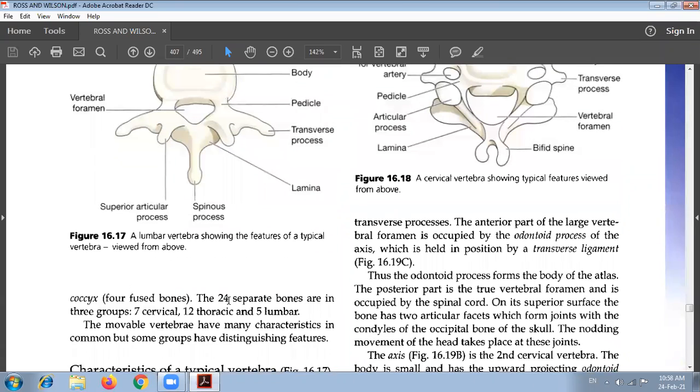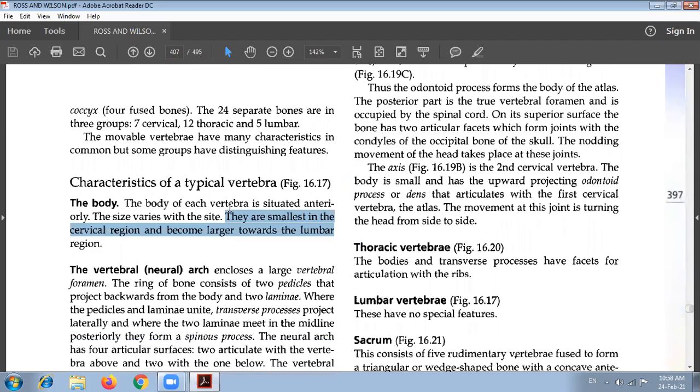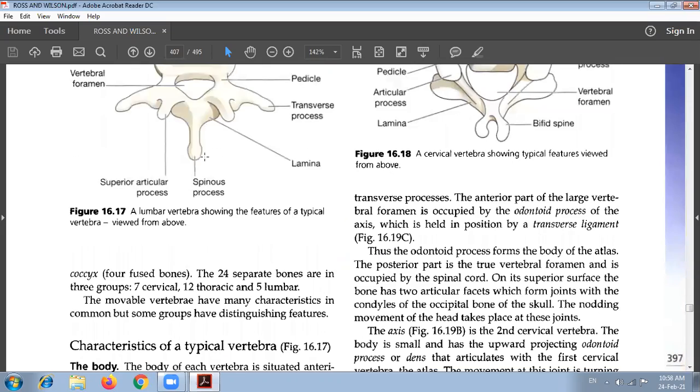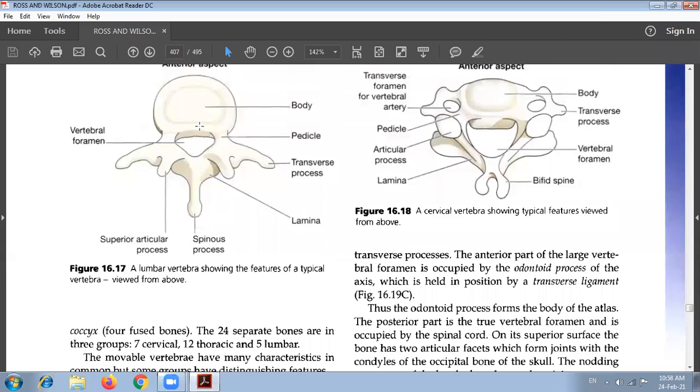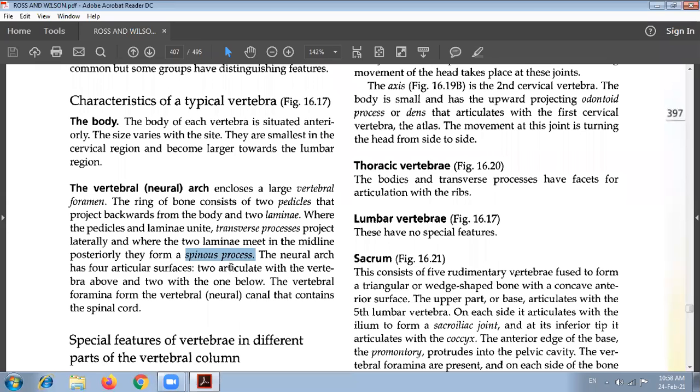So in this diagram you can see these are the laminae, one on the left side, one on the right side. This forms our laminae and forms the spinous process. Now the back side is the posterior region of our vertebra. This is the anterior region towards the chest, while the spinous process is at the back side.